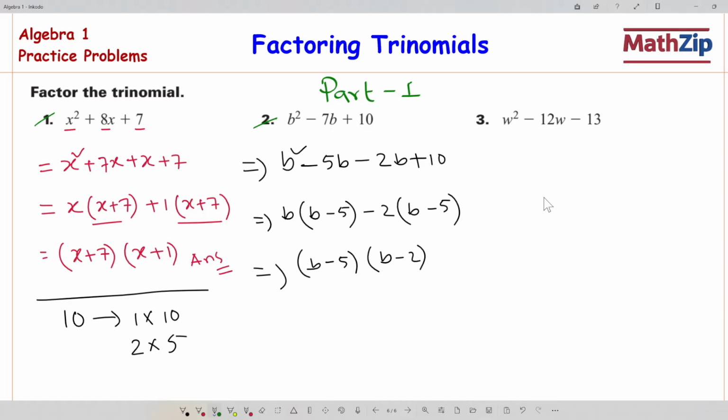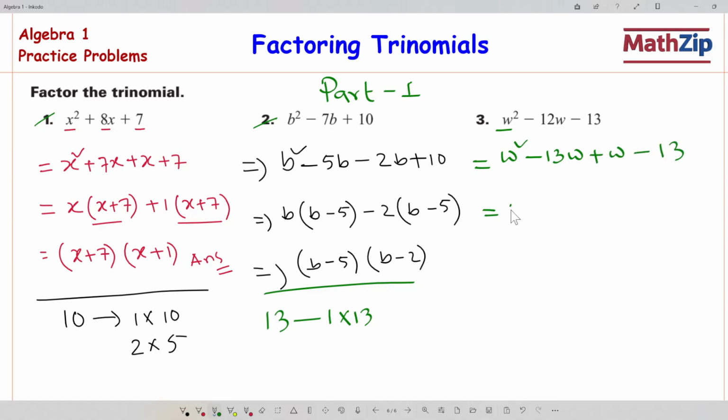Number 3, w square minus 12w minus 13. Look, 13 we can write as 1 times 13, right? So minus 13 and plus 1 will be minus 12, right? So we can write w square minus 13w and then plus w minus 13.